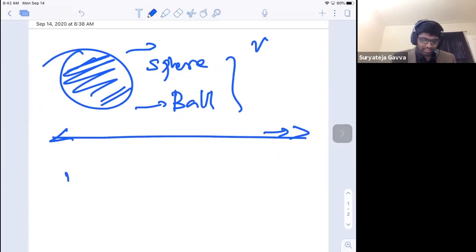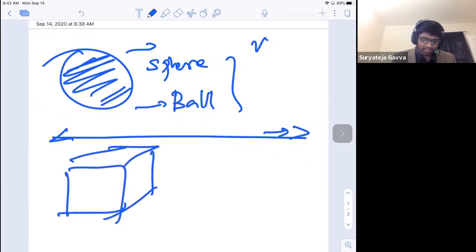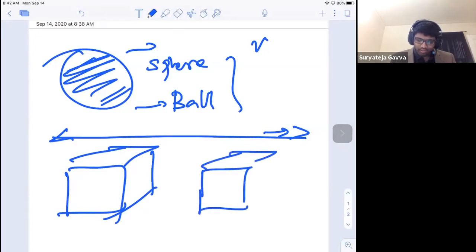There's a difference between the surface of the cube and the inside of the cube. That's all I mean. So when I said cube, I was referring to the whole cube in the options. If you are thinking of the surface of the cube, then yeah, it's a surface. But in general, the surface of the cube is also not really called a surface because it's not smooth.